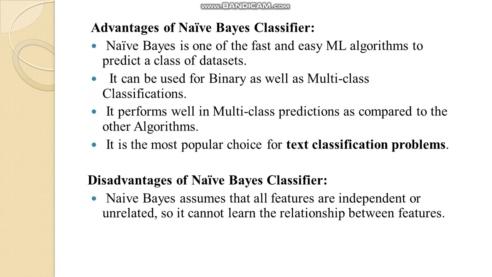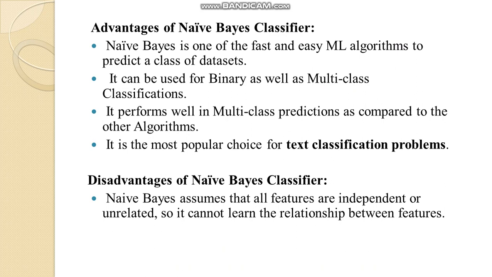Advantages of Naive Bayes classifier. Naive Bayes is one of the fast and easy ML algorithms to predict a class of dataset. It can be used for binary as well as multi-class classifications. It performs well in multi-class predictions as compared to the other algorithms.